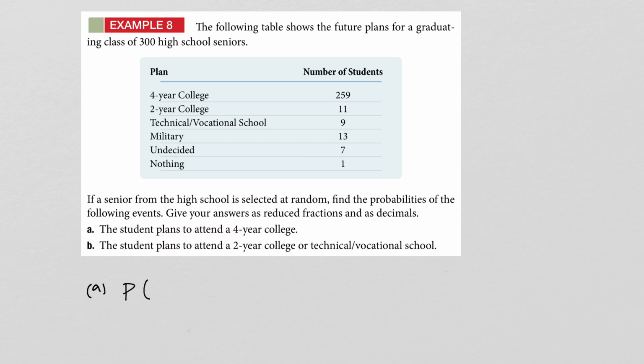So the probability of getting a student who plans to attend a 4-year is going to be 259 out of 300, right? So it's just the number who say they plan to attend a 4-year divided by the total number, which was 300, and that is about 86.3%.